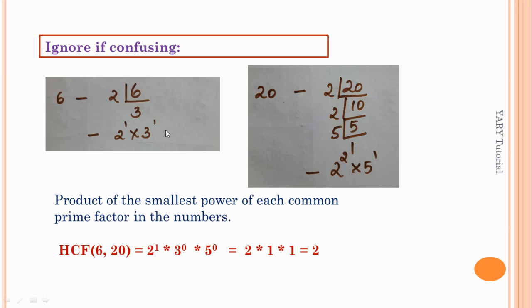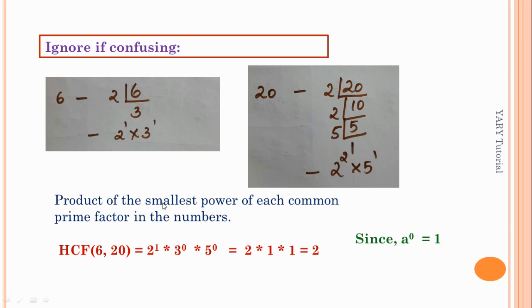It means that we can write 6 as 2 into 3 into 5 power 0. Why 5 power 0? Anything to the power 0 is equal to 1.